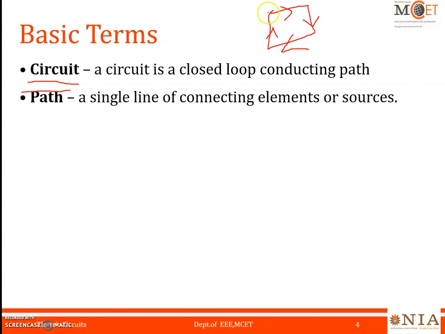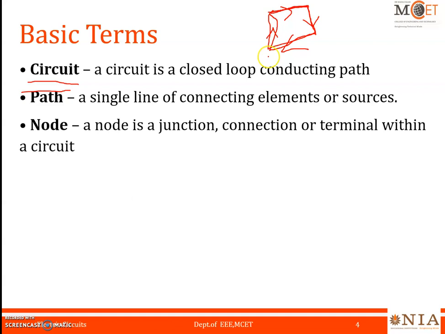Path. It is a single line of conducting elements that is represented by a path. Node is nothing but a junction. It may be a junction of two or more branches or elements joined together.